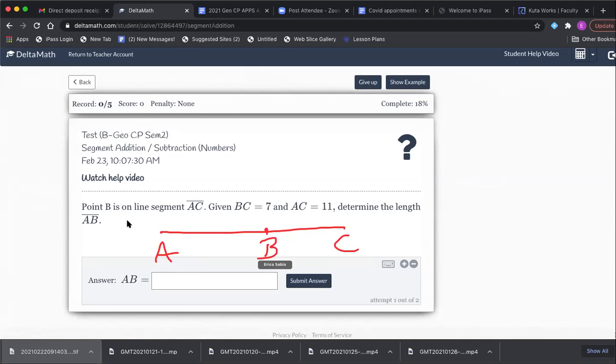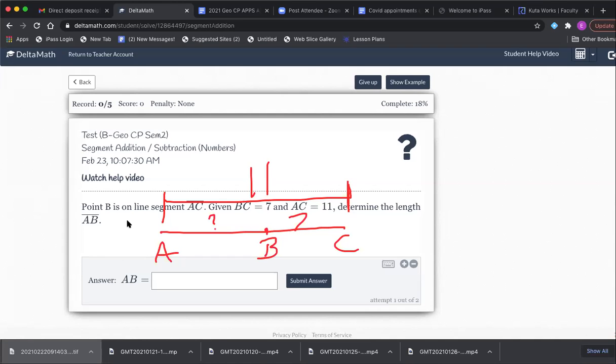All right, now let me fill in what they gave me. BC is 7, AC is 11. So that means this whole thing is 11. I'm trying to find AB. So am I adding here or am I subtracting? Let me call on someone. Am I adding here or subtracting?